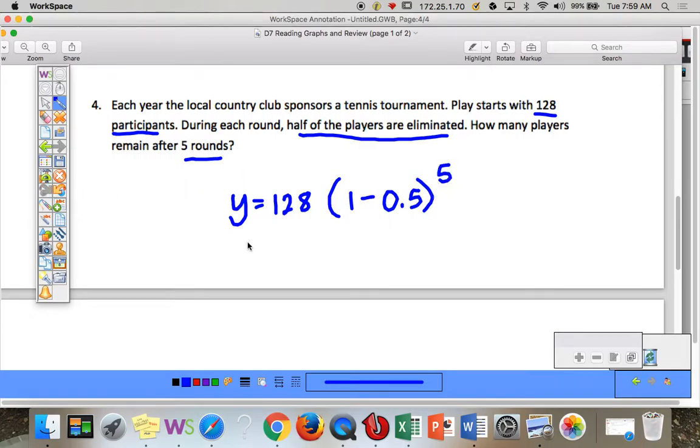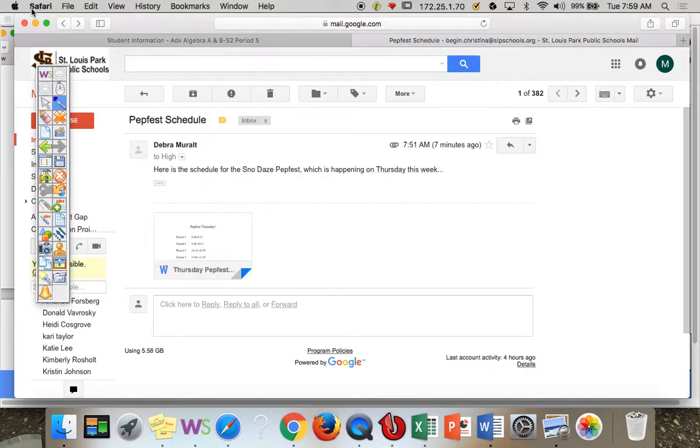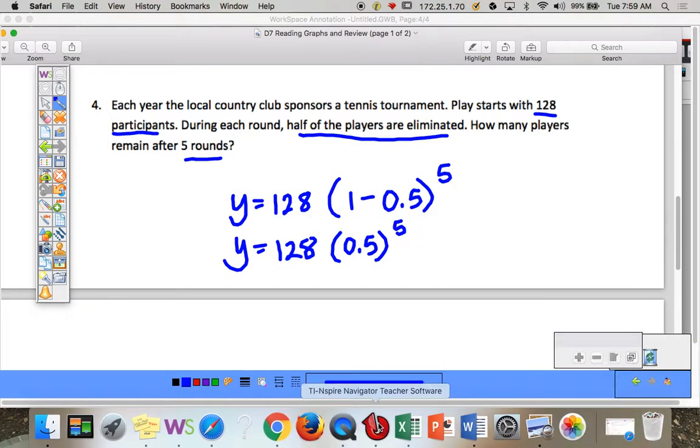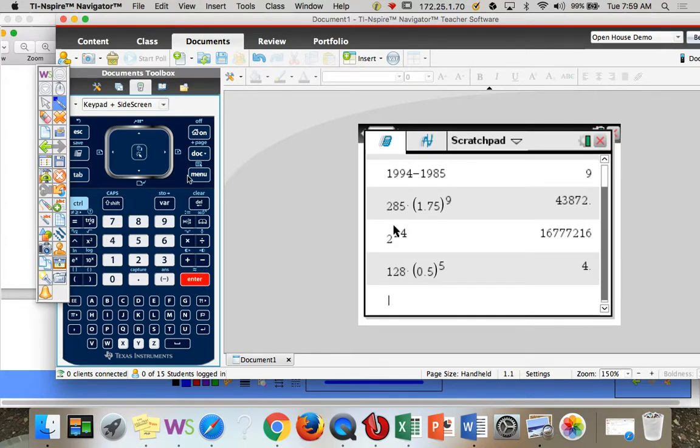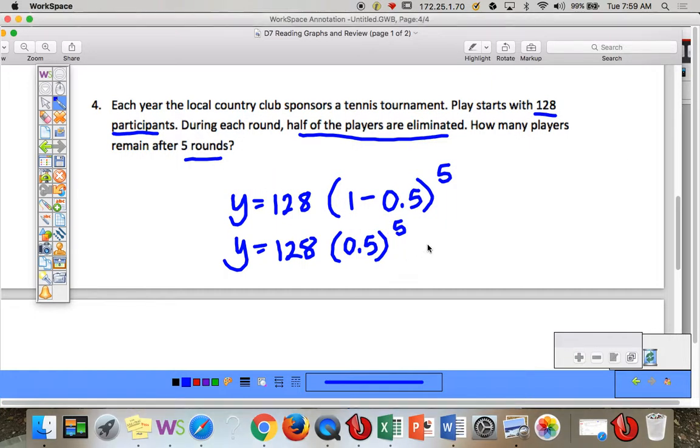We know it's 5 rounds. So in our calculator we have 128. Cuts in half every time for 5 rounds. We'll type that in. And there's only 4 teams left at the end of 5 rounds.